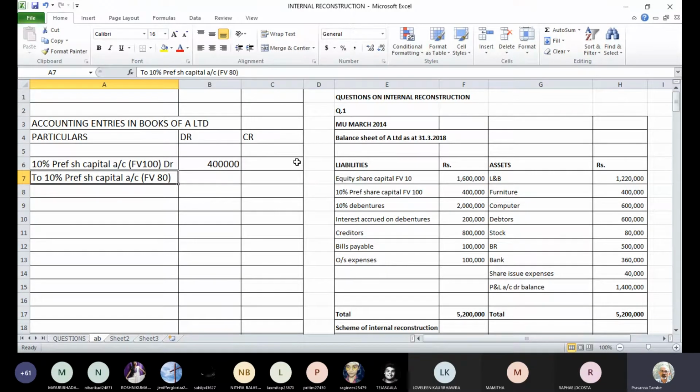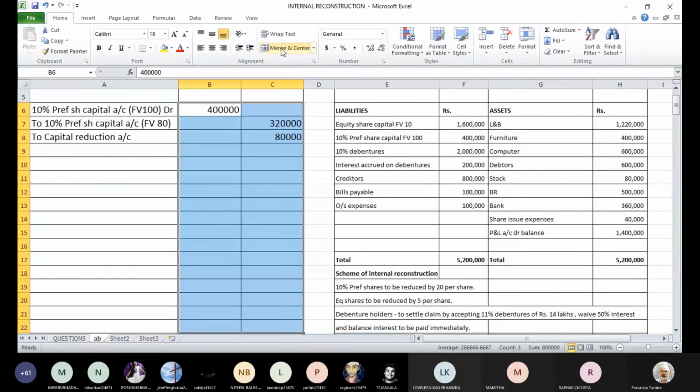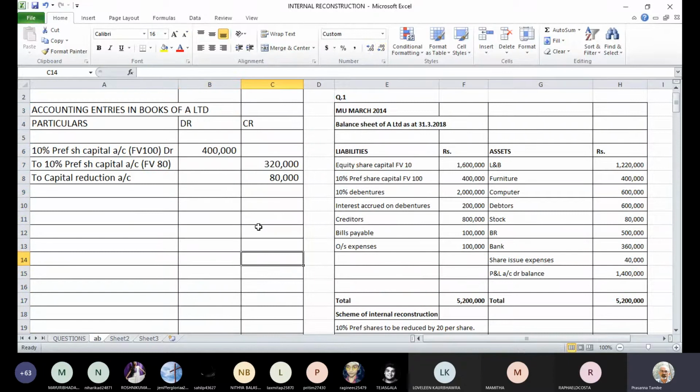So that will become 3,20,000, and remaining 80,000 will go to capital reduction account.